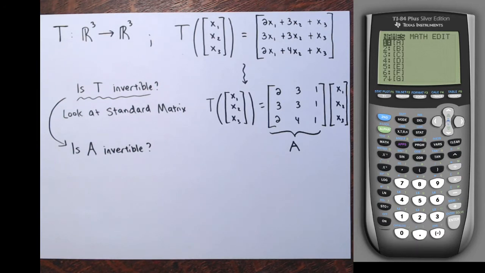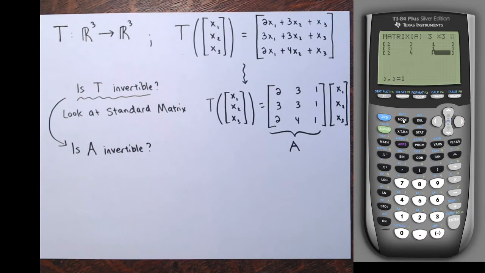So I go second, matrix menu, over to edit, and this is a 3 by 3 matrix we're making. I'll put these entries in. I'll come back when I'm done. All right, so I've entered all 9 entries.